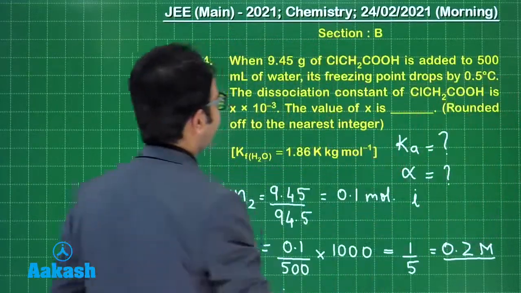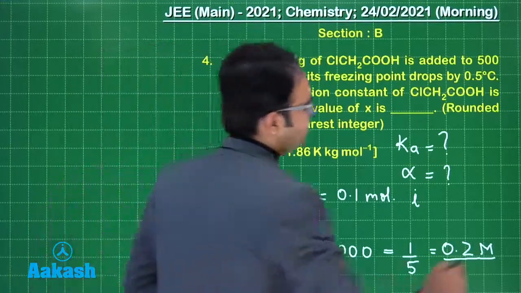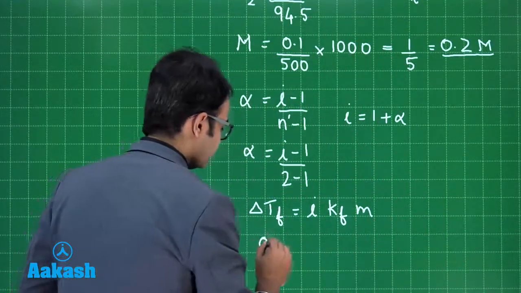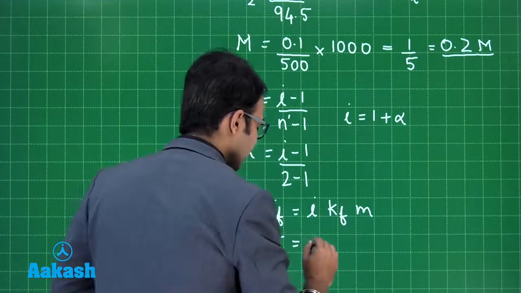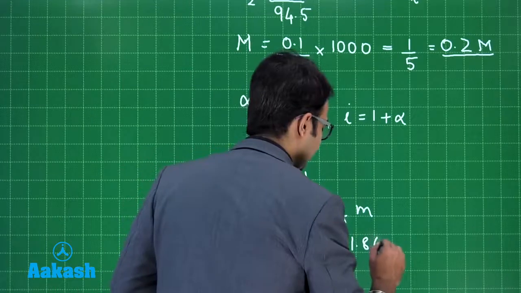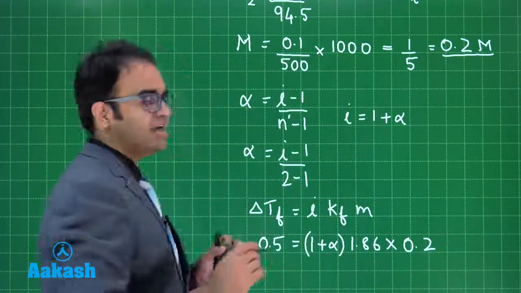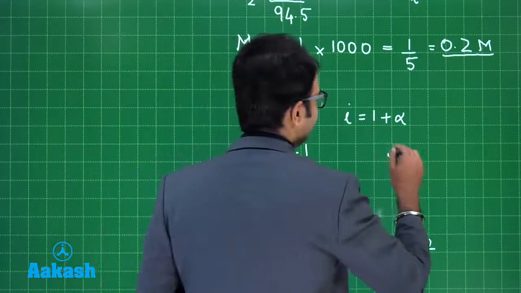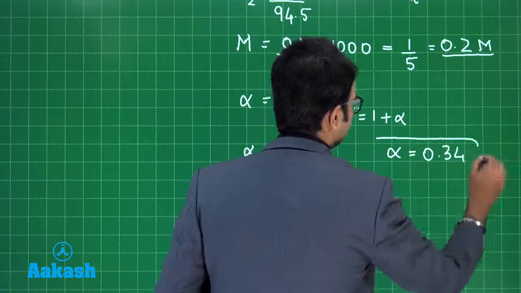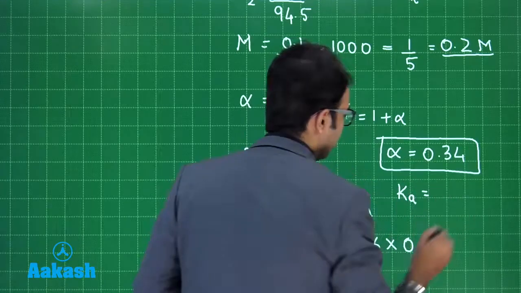Del Tf is 0.5, the value of Kf is 1.86, molarity is 0.2, right. So we substitute this, so this is 0.5, we got i as 1 plus alpha, Kf is 1.86 and molality is 0.2. Once I solve this, I'll get the value of alpha. The value of alpha will be 0.34.